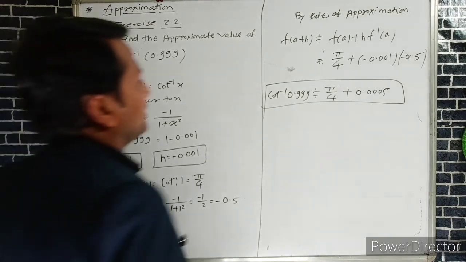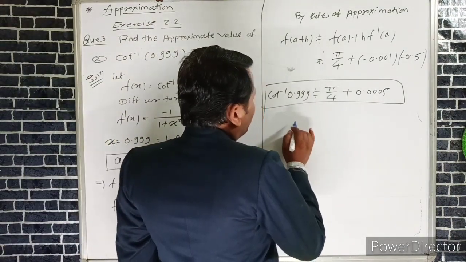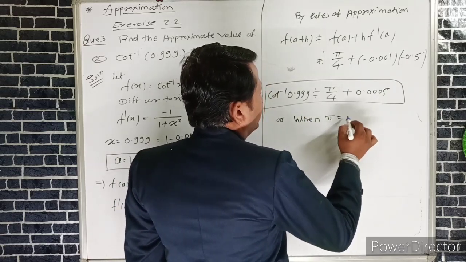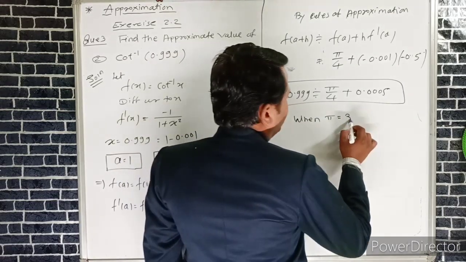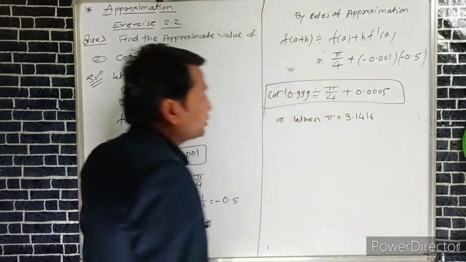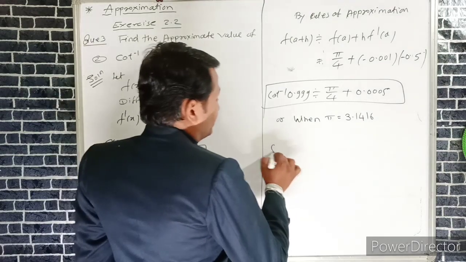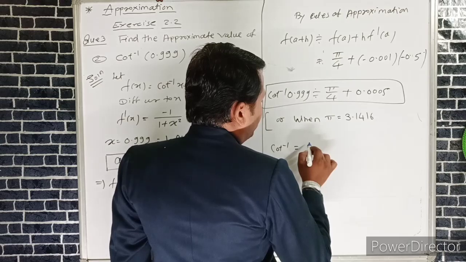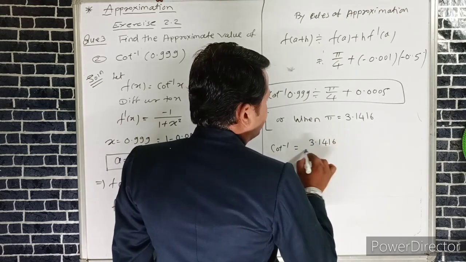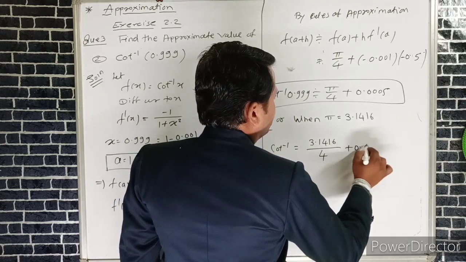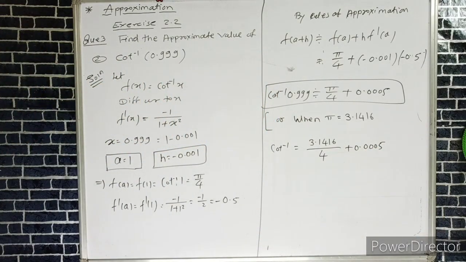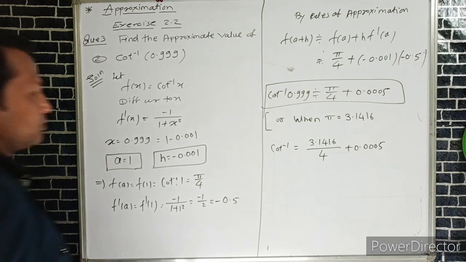Or we can write the answer when pi is given, and we know that the value of pi is 3.1416. So we can write the value of cot inverse of 0.999 as 3.1416 upon 4 plus 0.0005.